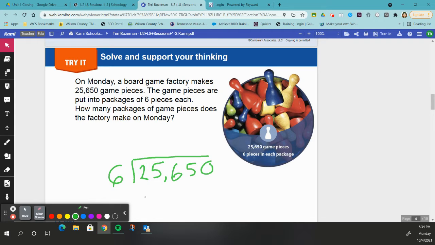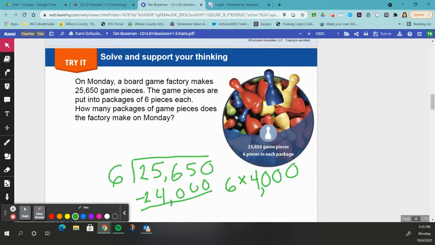So instead, I could say 6 times, instead of 4, what if I add 3 zeros? What is 6 times 4,000? Well, 6 times 4 is 24, right? And then I add 3 zeros.